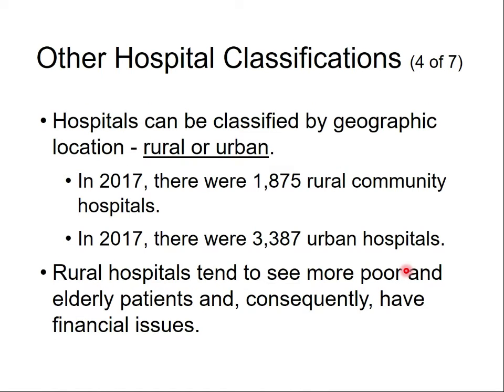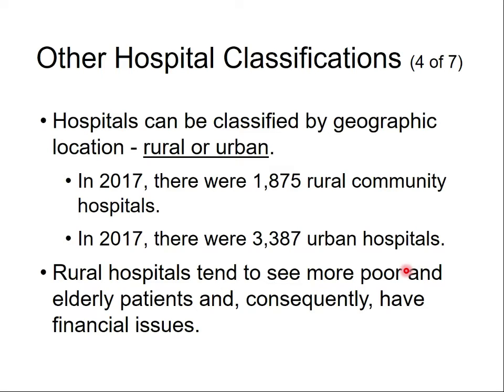Hospitals can also be classified in the area or where they are located. They could be rural hospitals, urban hospitals. There are many more urban hospitals, and it makes sense because most of the population is gathered in urban areas, so they need more services and more hospitals serve this population.